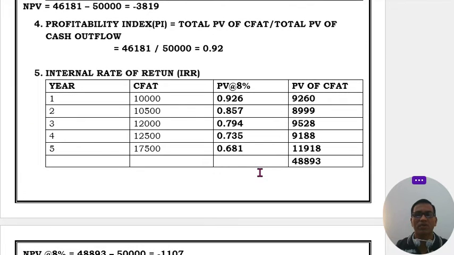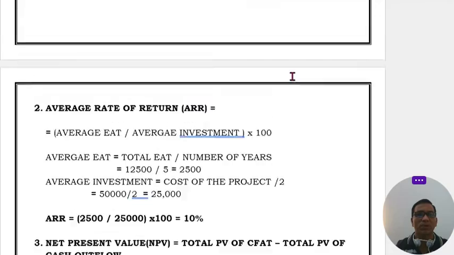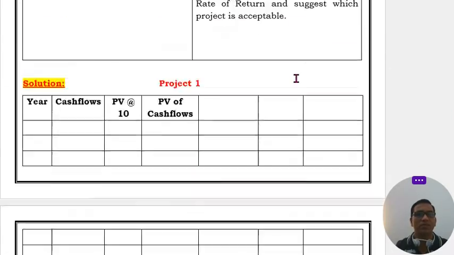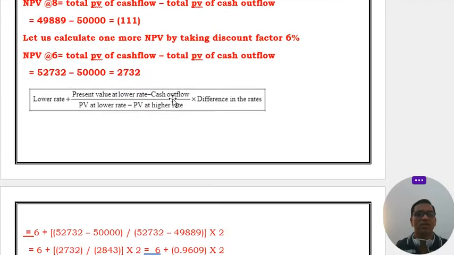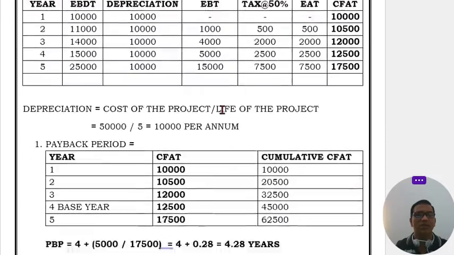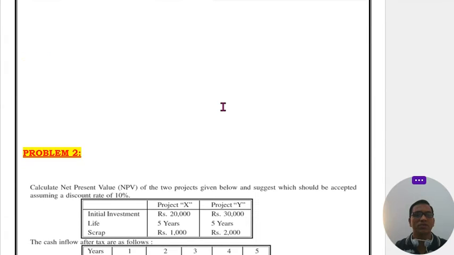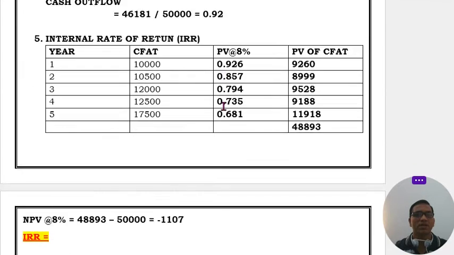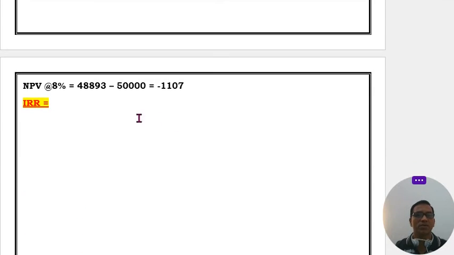If you want, I will write down the formula here. This is the interpolation formula we are using once we have two NPVs.